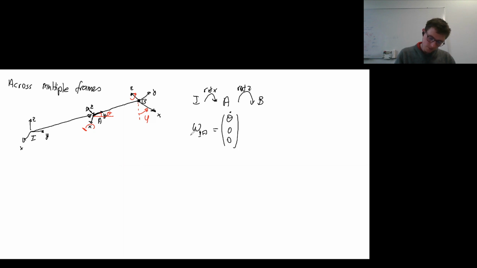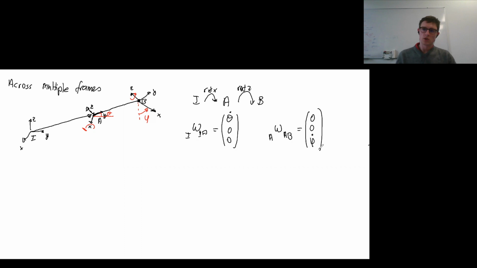So only a rotation around the x is possible. And the rate of this rotation is exactly how quickly our angle theta changes here. Similarly, from A to B, now beware, in A or B frame, we only rotate around the Z axis of A or B, which are identical. The Z direction is identical for both. So here our angular velocity will be 0, 0, phi dot.